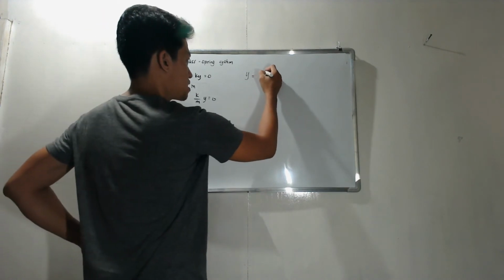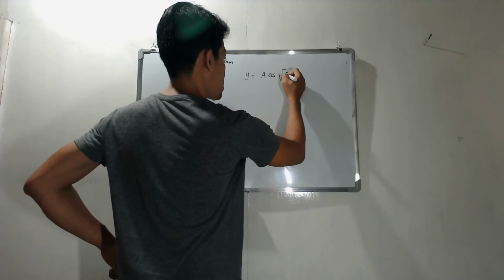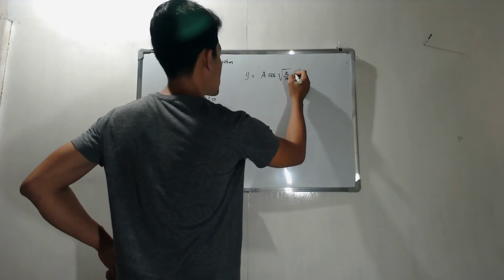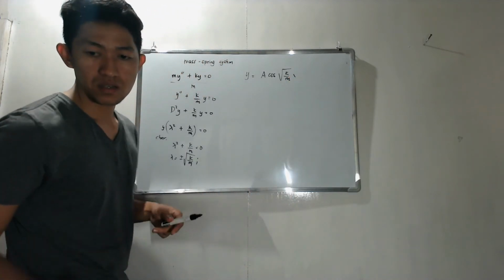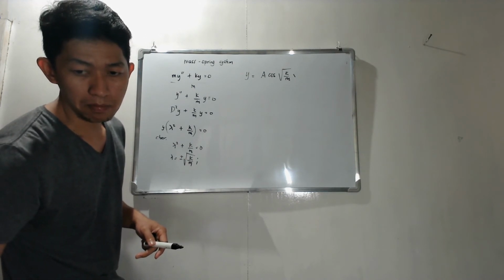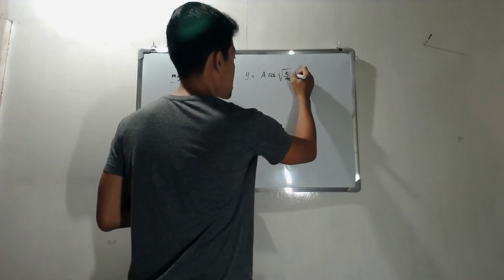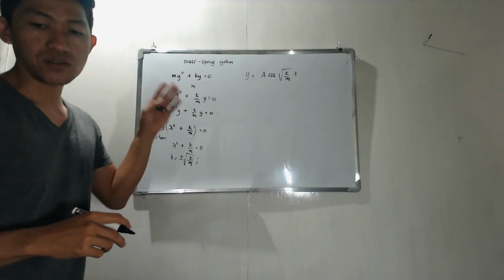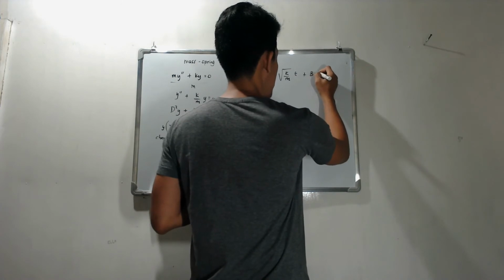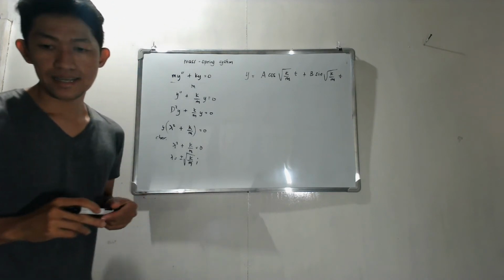So you have a cosine square root of k over m t, because it's a function of time, plus b sine square root of k over m t.